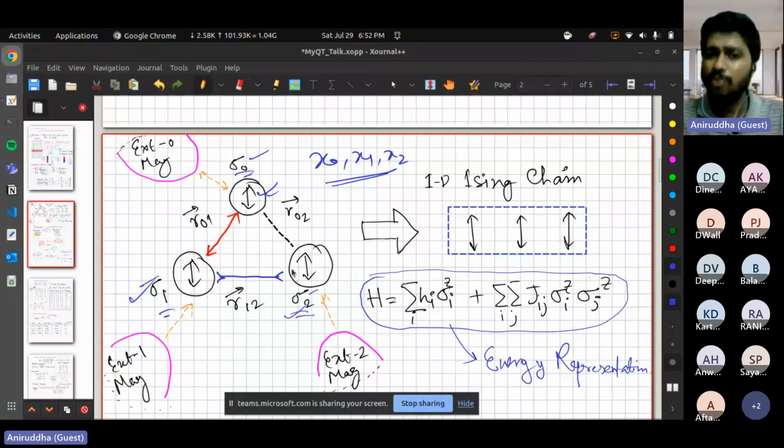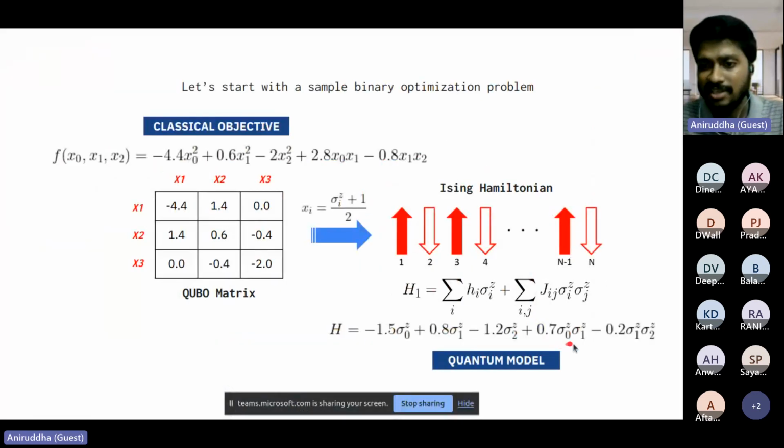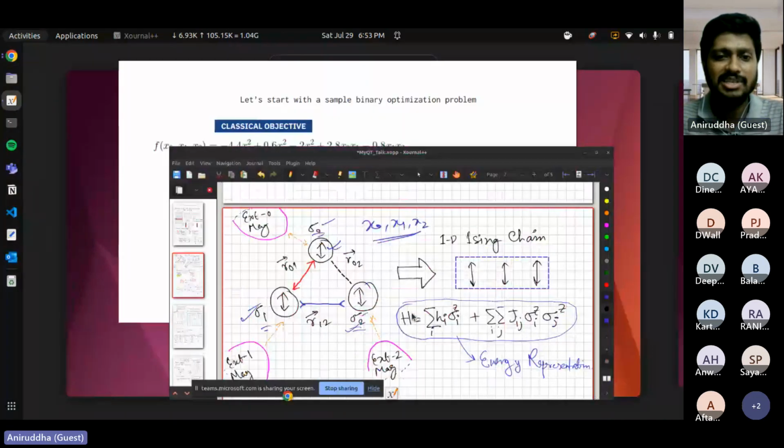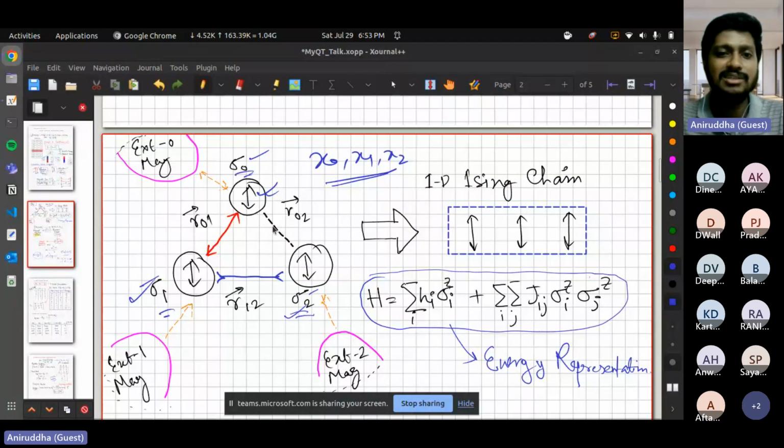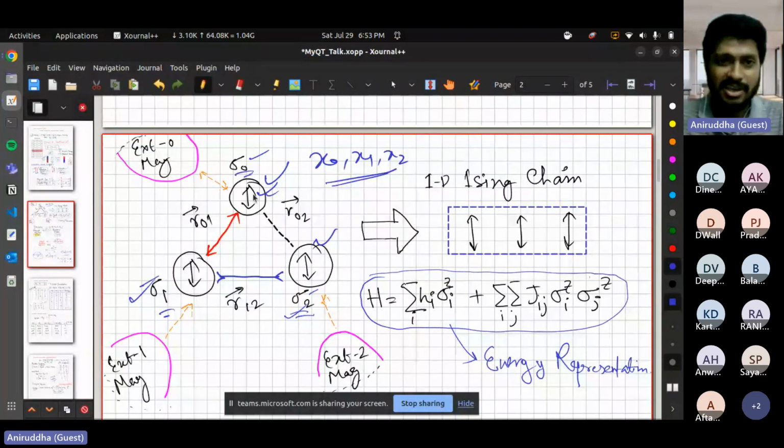And for our problem, there is no term for the interaction between sigma naught and sigma 2 in the mathematical expression that we have. So you can just keep sigma naught and sigma 2 at a long distance, and convert them into a linear chain.